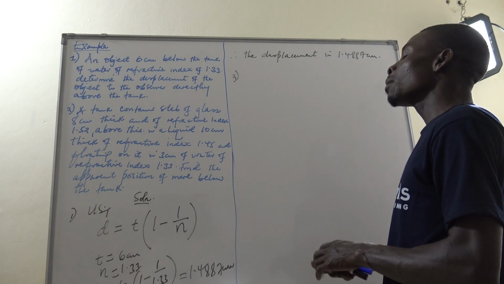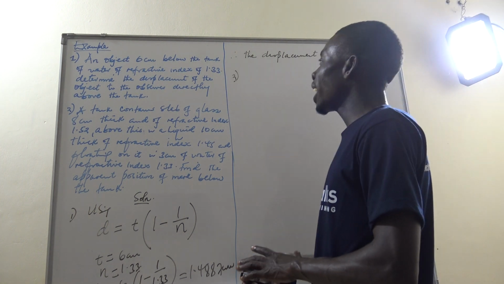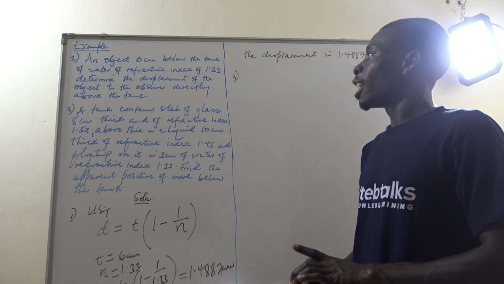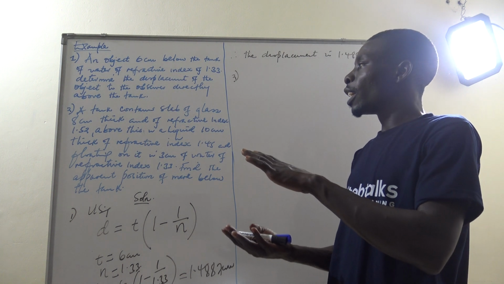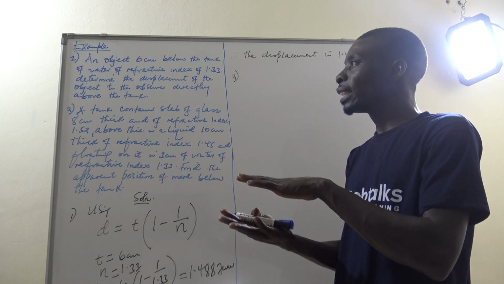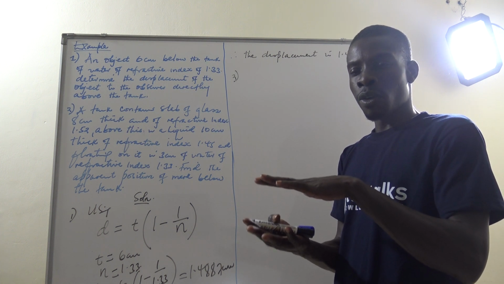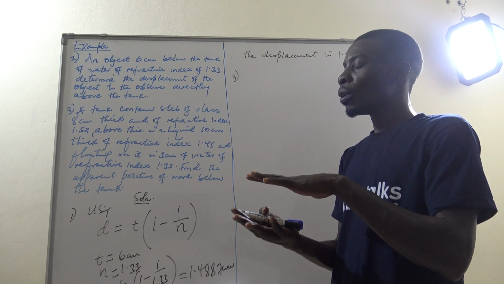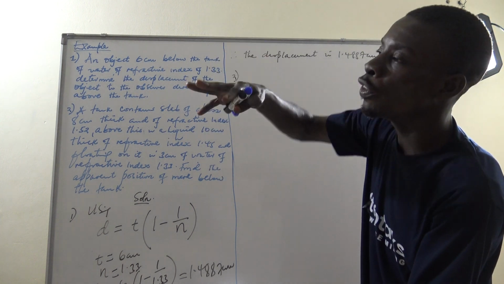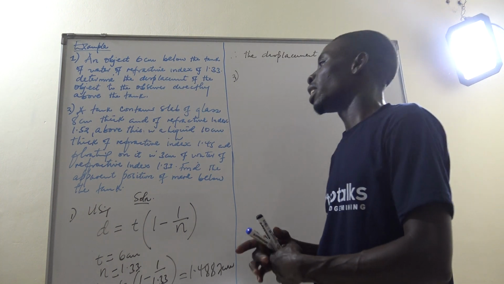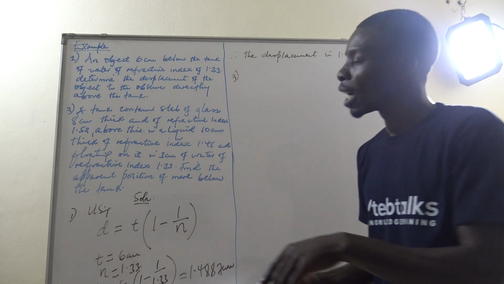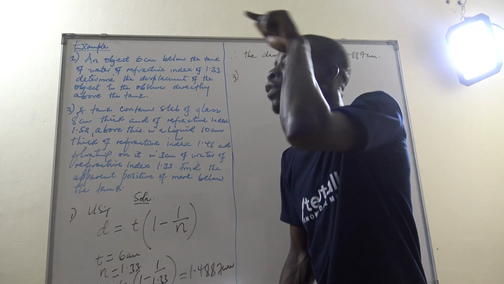It is really very important for us to note this: if we are looking at displacement resulting from different materials, with an object placed below and a number of different materials of given thickness above it, the resultant displacement is equivalent to the total displacement, the sum of the displacement of each material.